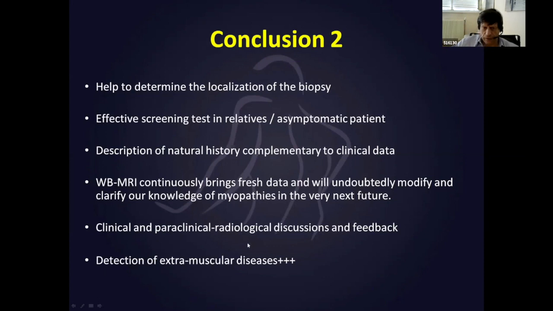Clinical and paraclinical radiological discussion and feedback have to be performed. It's not necessary to perform all-body examination if there is no interaction between clinician and radiologist, and clinician and other paraclinical physicians.